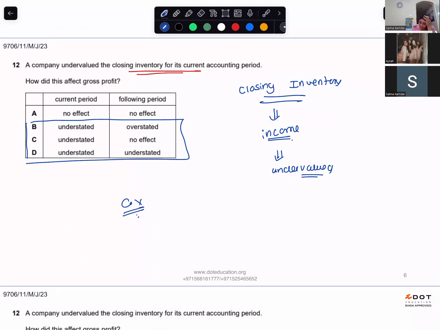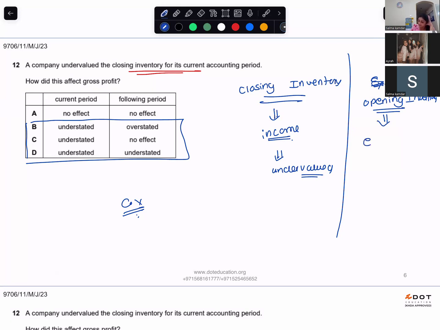The following period, this will become what? Like in the future, the closing inventory will be sold, but it will still become the opening inventory. Opening inventory is treated as what?